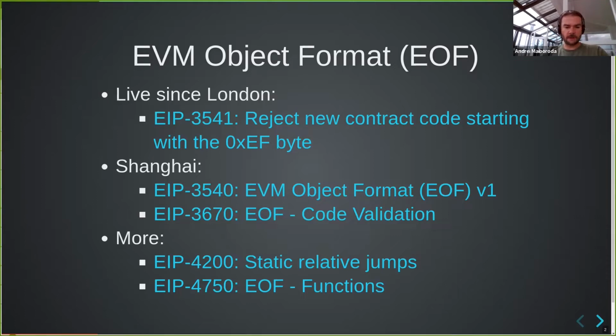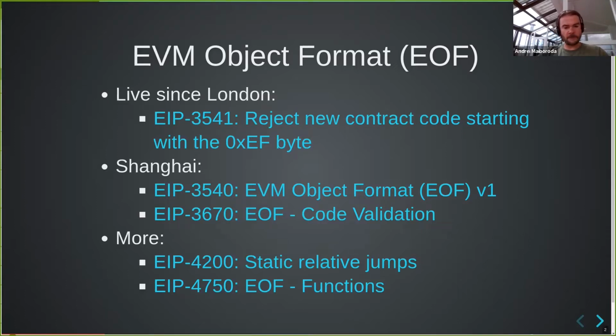But we also have a couple of proposals that build on top of the base defined in these two EIPs. I'll mention them at the end, but these are new features that can be built on top of EVM object format.